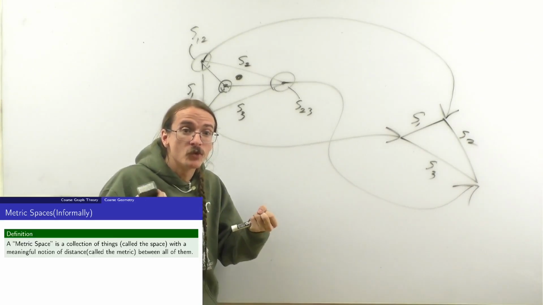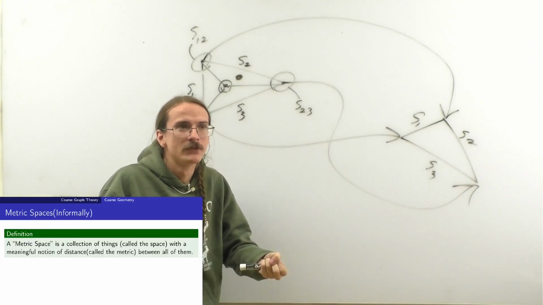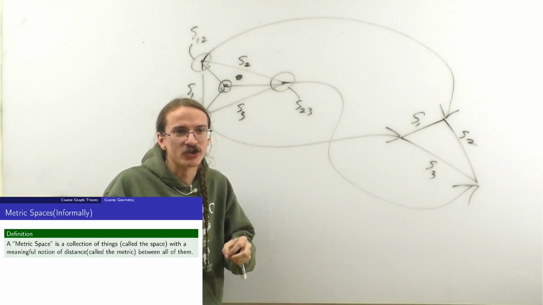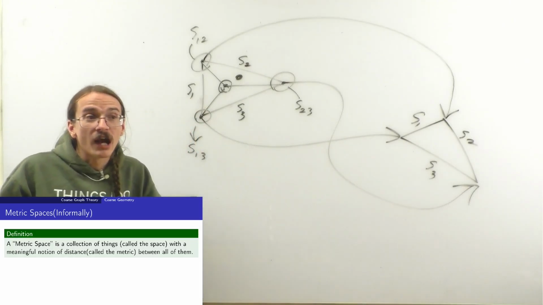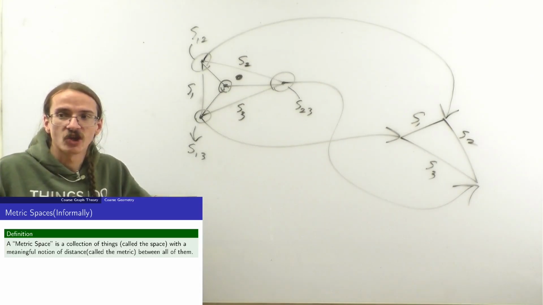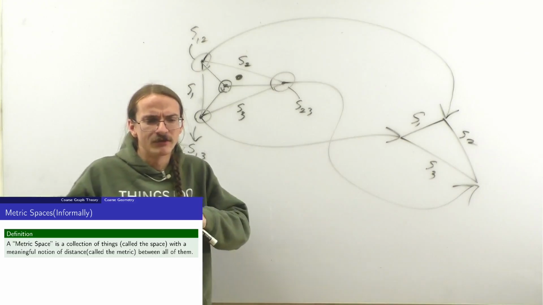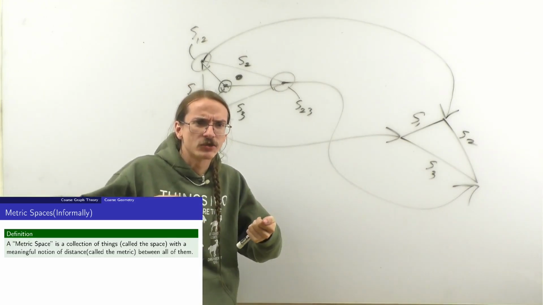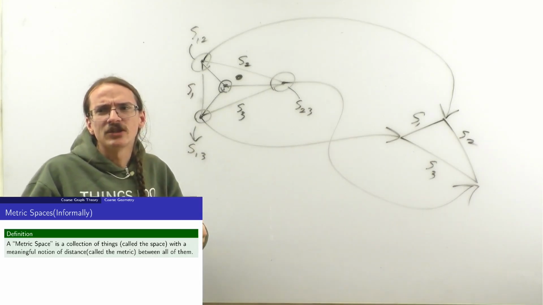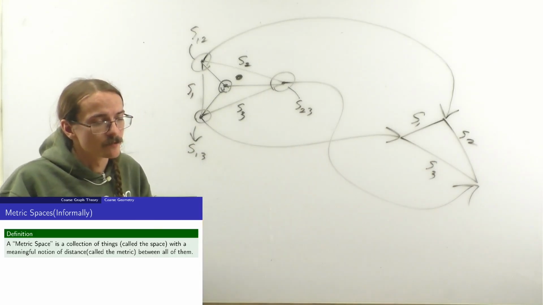Without them, you can do geometry, but it's weird and not the geometry that I want to do. You can do a ton of geometry using isometries. Our goal is to study coarse geometry and through that study coarse graph theory. So let's take a moment to properly understand isometries.